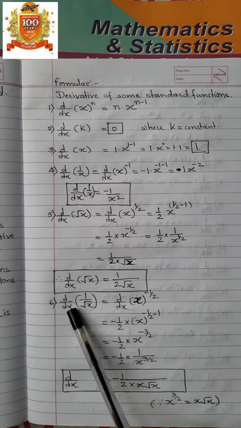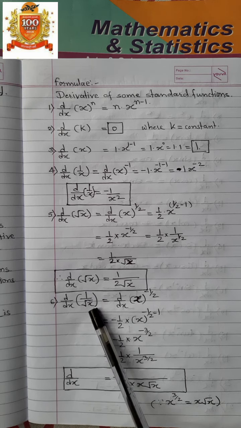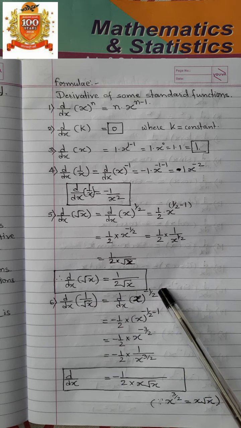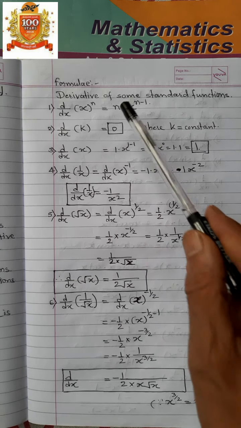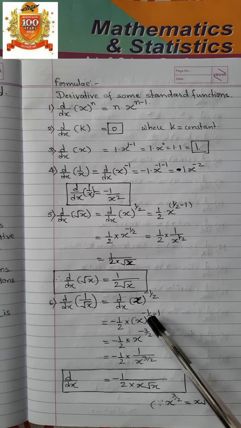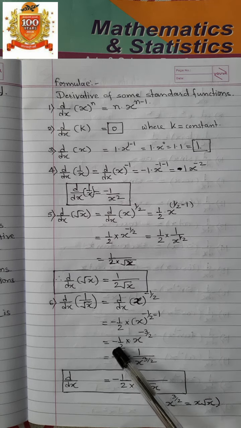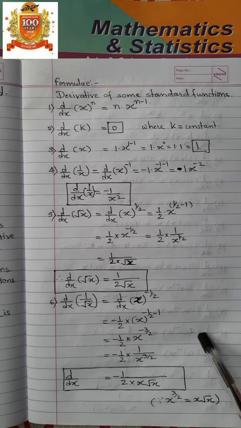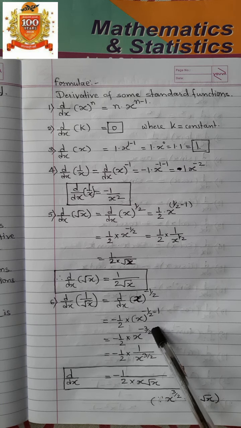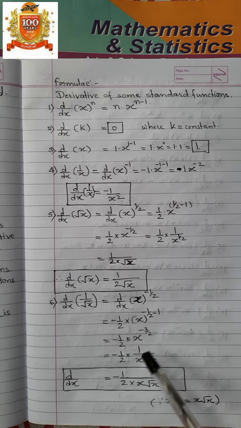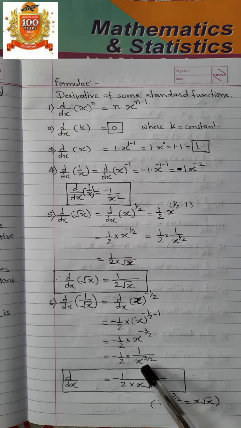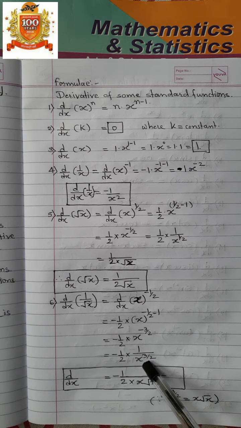Next, derivative of d/dx of 1 upon root x, that is d/dx of x raised to power minus 1 by 2. Now here put the value of n is equal to minus 1 by 2. We get minus 1 by 2 into x raised to power minus 1 by 2 minus 1. That is minus 1 by 2 into x raised to power minus 3 by 2, because minus 1 by 2 minus 1, the result is minus 3 by 2. Therefore, this can be written as minus 1 by 2 into 1 upon x raised to power 3 by 2.